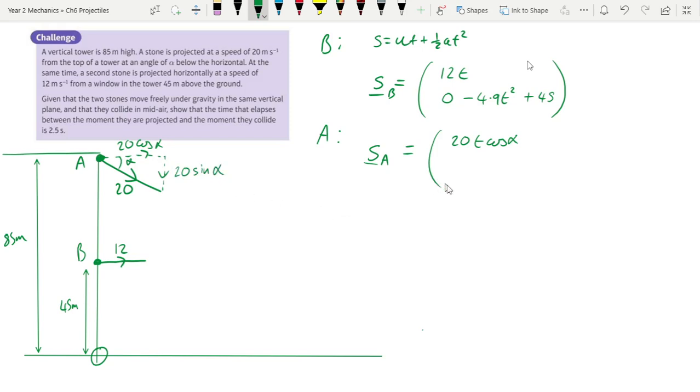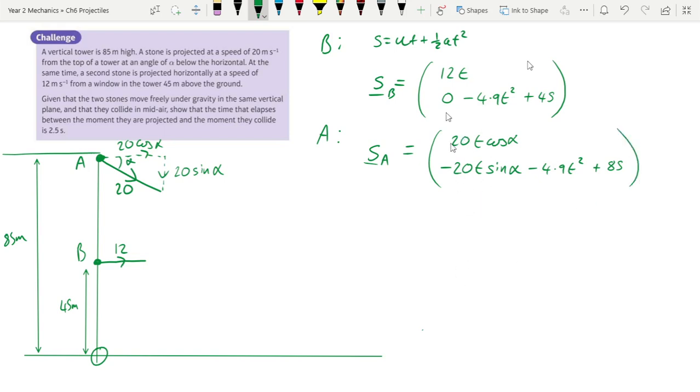And because it's downwards, it's going to be negative 20 sine alpha. So that'd be negative 20t sine alpha, because it's u times t, and then plus half at squared, so that'd be minus 4.9 t squared. And this one starts from a height of 85 meters, so I just need to add on 85 meters at the start. And there we go.